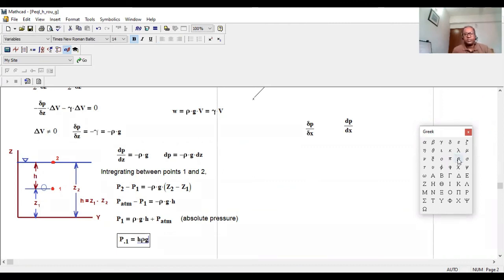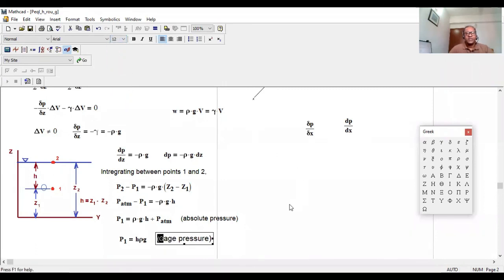So this pressure is given by a meter, by a gauge. That's why it is called gauge pressure. So with gauge pressure, when you add atmospheric pressure, then it becomes absolute pressure. So what you see, the pressure on an object underwater or under fluid depends on depth. If depth increases, pressure increases. If depth decreases, pressure decreases.